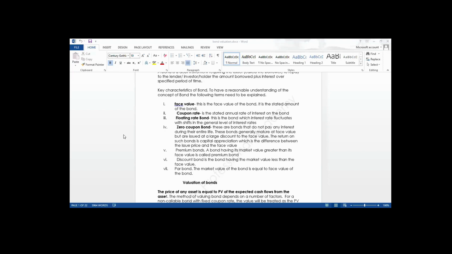Now, it's very possible that the examiner will require you to value corporate bond, and you are given a government yield curve.